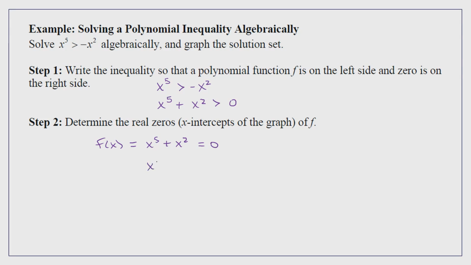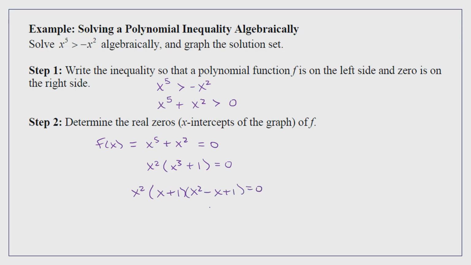So writing this in factored form, we'll have x squared times x cubed plus 1 equals 0. Now we can factor this further: x squared times x plus 1 times x squared minus x plus 1 equals 0.